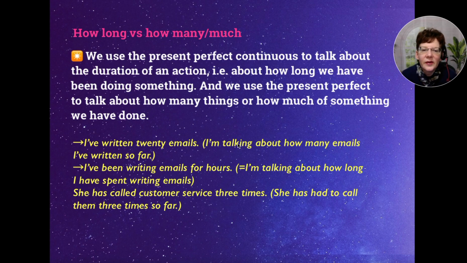So I'm talking about how many emails I've written so far. And then this one here, I have been writing emails for hours. So I'm talking about how long I have spent writing emails here. It doesn't say how many, but it says how long I've spent. And then this last one here, she has called customer service 3 times. So basically, she has had to call them 3 times so far.